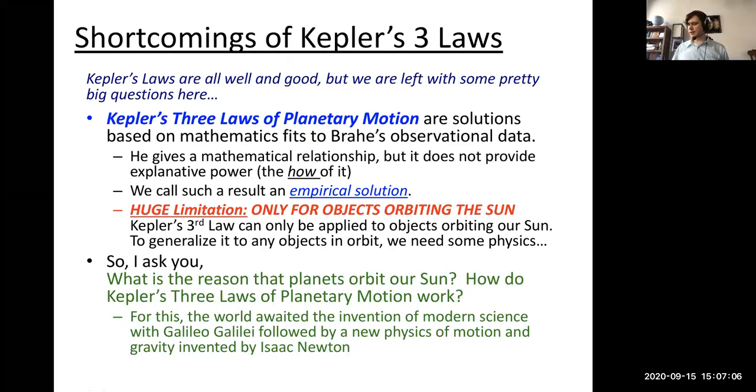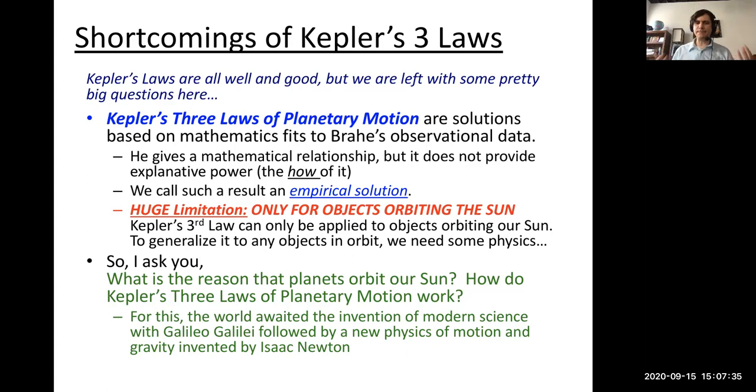Kepler's 3 laws of planetary motion, while absolutely phenomenal and absolutely revolutionary to our view of the universe we live in, were limited because they were just mathematical solutions to the data set that Tycho Brahe had. They didn't actually tell us how the planets were moving. They gave us answers about the orbital period and the semi-major axis, but didn't tell us what is making the planets do the moving.